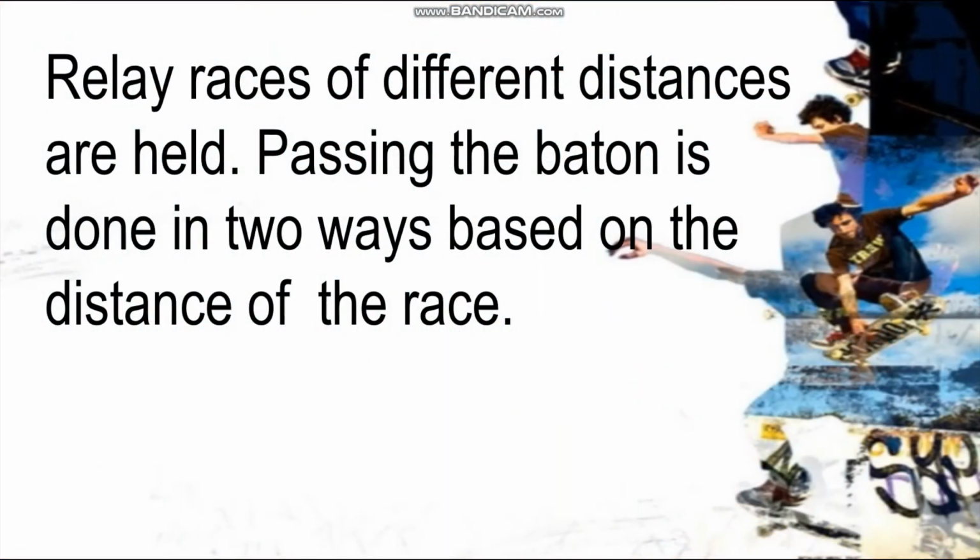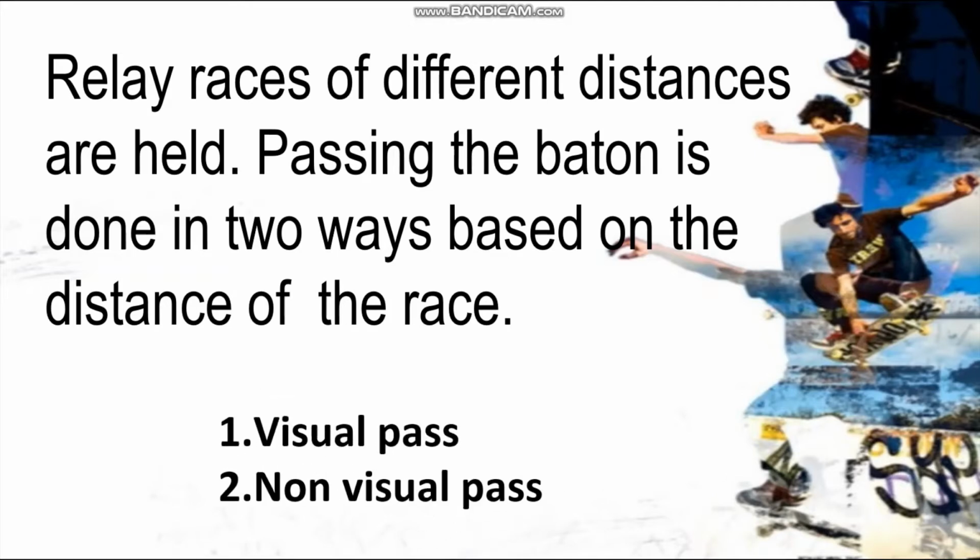Relay races of different distances are held. Passing the baton is done in two ways based on the distance of the race. What are they? Visual pass and non-visual pass.